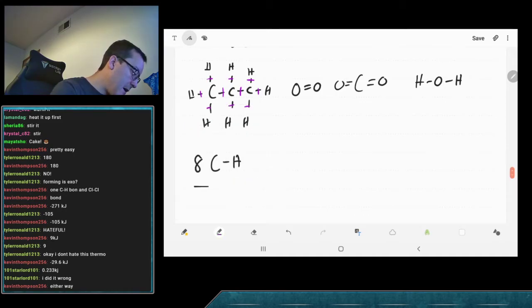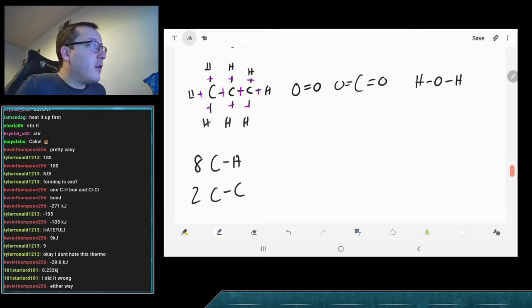Do we all see that? For this molecule, we're breaking those 10 bonds. So we're breaking 8 CH bonds, and 2 carbon-carbon bonds. I guess it's a good idea that I did a more complicated one, right? So that way we're not going to be totally lost on our homework.